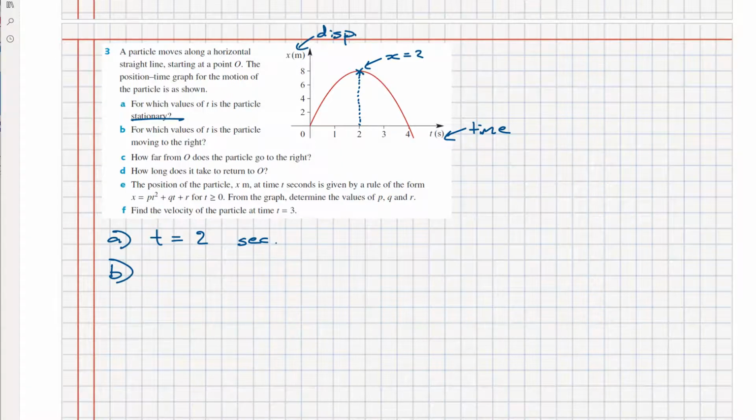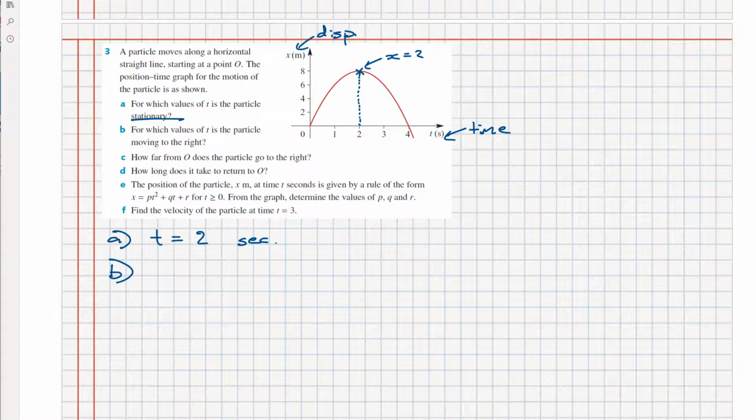Part B, for which values of t is the particle moving to the right? So this is a case of thinking about how the displacement is changing, and what we're doing is looking at the change in displacement with respect to change in time. So we're going for the derivative here.